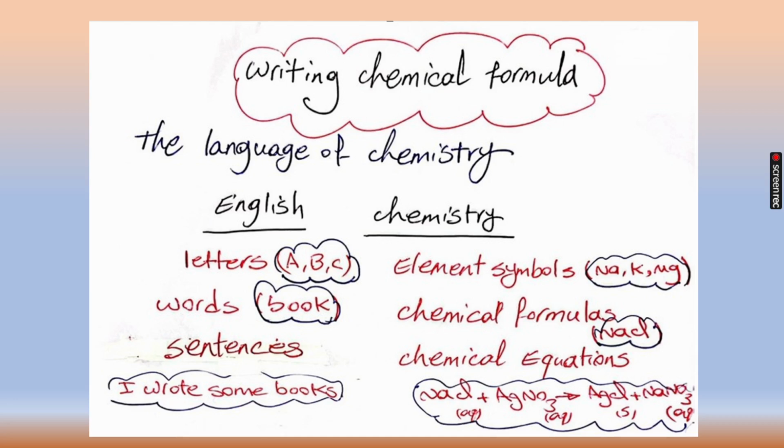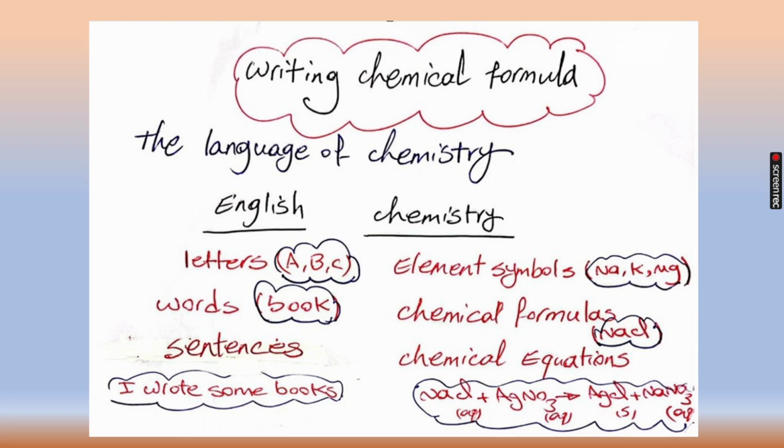And today we want to talk about the chemical formula. I mean that we need elements for the chemical formula. After that, chemical formulas can create a chemical equation, such as the sentences in English, in your language.